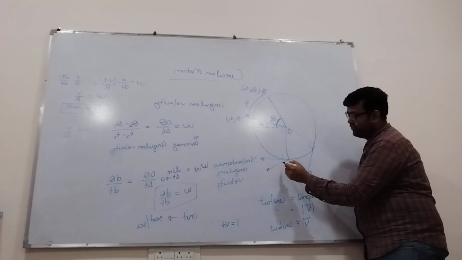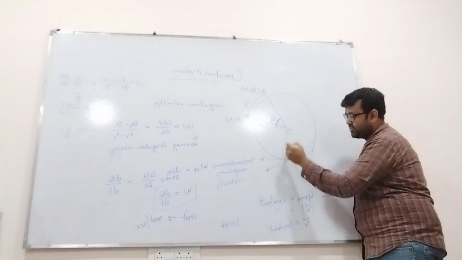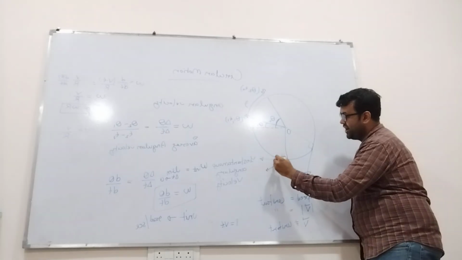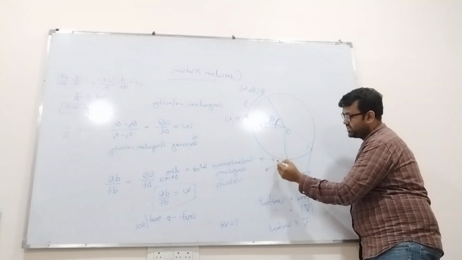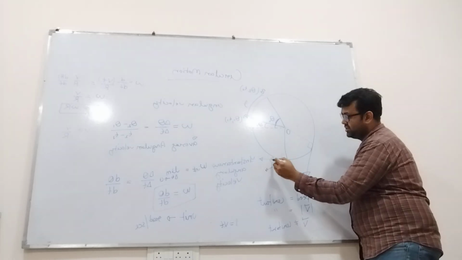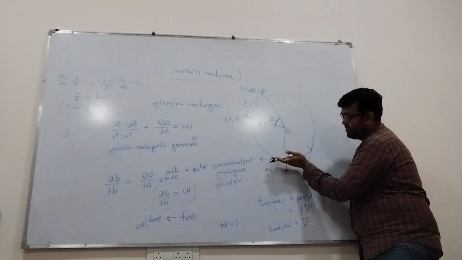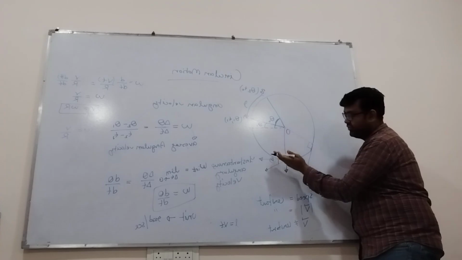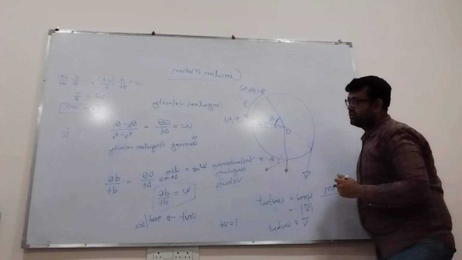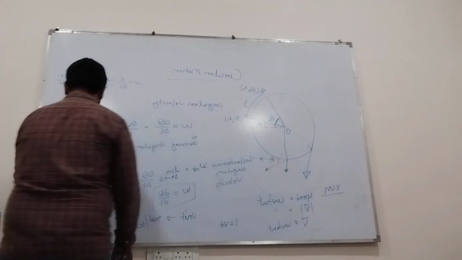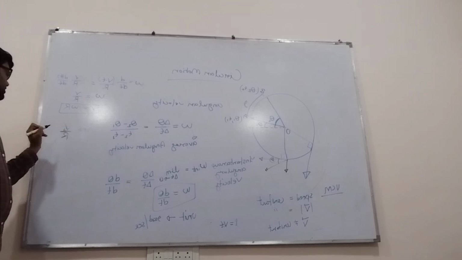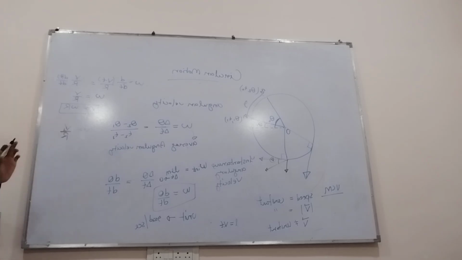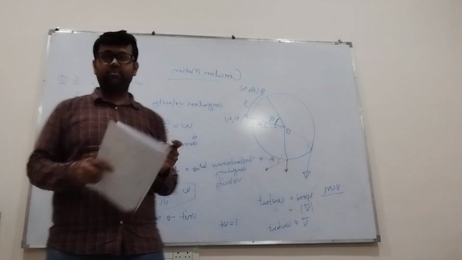So we have to take the component of the velocity that is perpendicular to the R. So this component is perpendicular to the R. So we have to take this component of the velocity. So I can also write this formula as omega equal to perpendicular velocity upon R. That is nothing but the component.